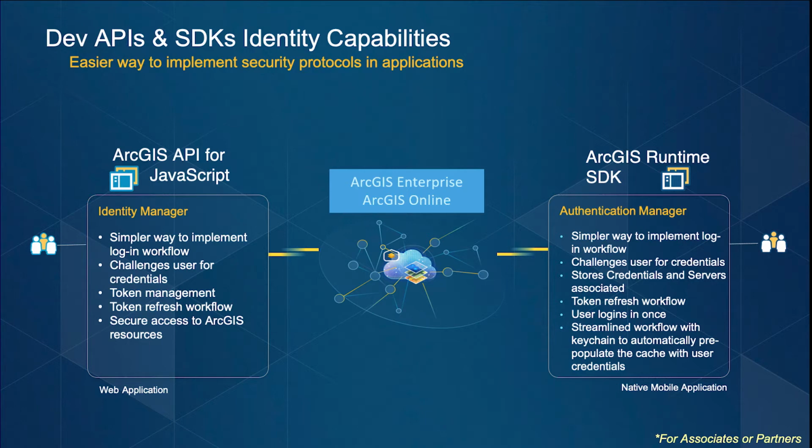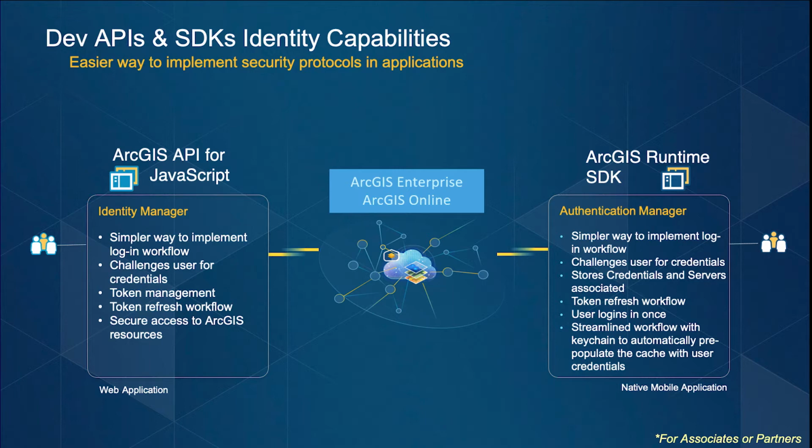content in ArcGIS. Now, similarly for mobile and native applications, the RGS Runtime SDK utilizes the Authentication Manager module, which abstracts much of the authentication logic for the developer. Like the Identity Manager, it also challenges the user for their credentials and implements the token workflow.